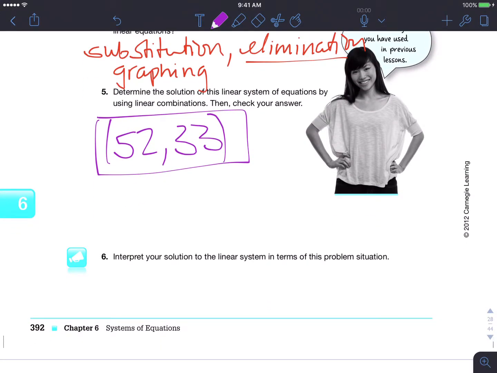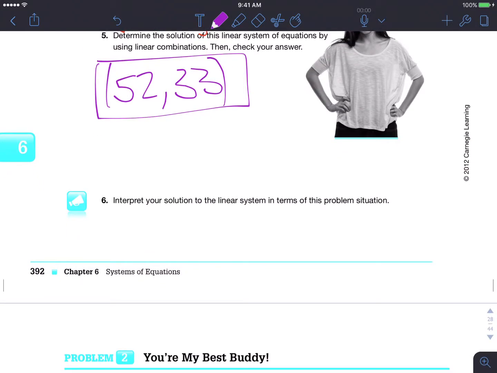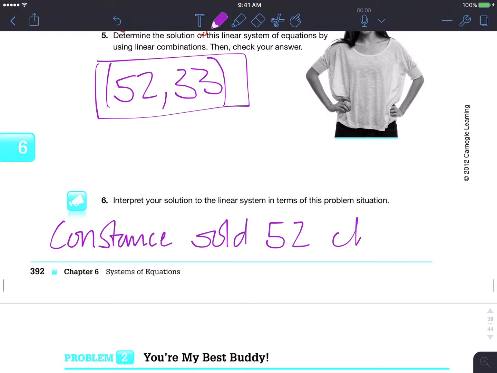Interpret your solution to the linear system in terms of this problem situation. So I kind of just said it, but I'll write it. Constance, I forgot she had a name, sold 52 chef salads and 33 hoagies.